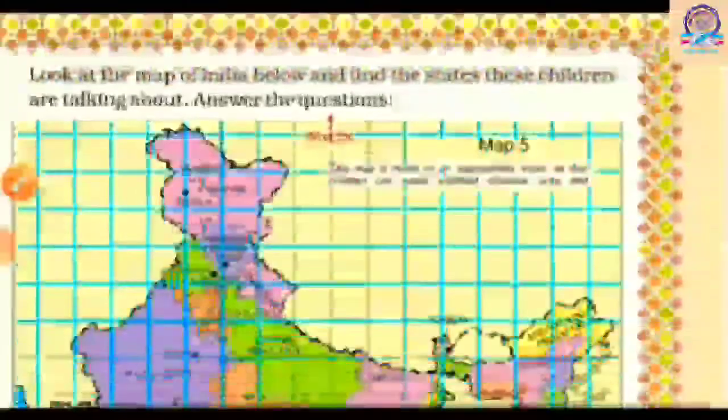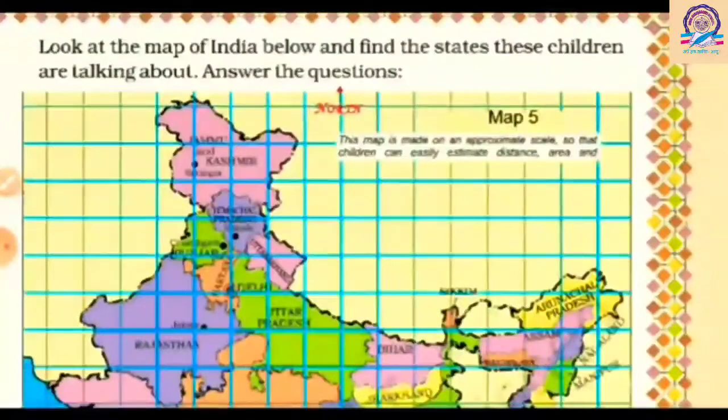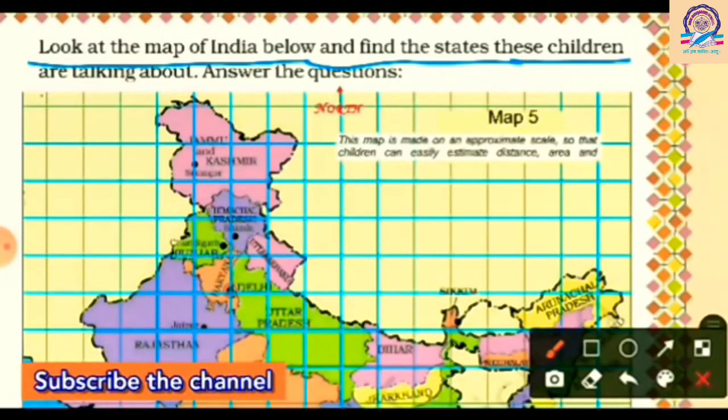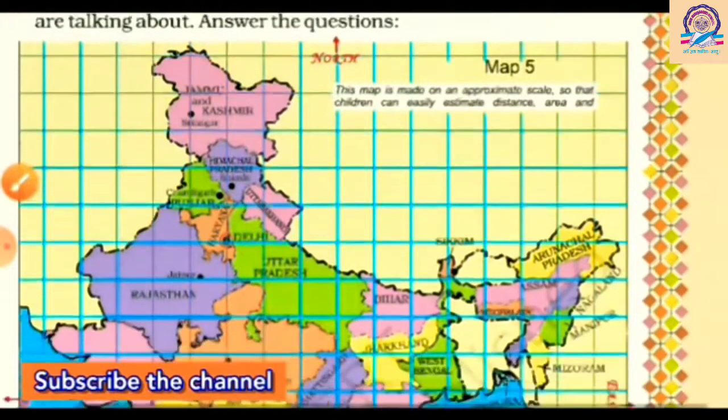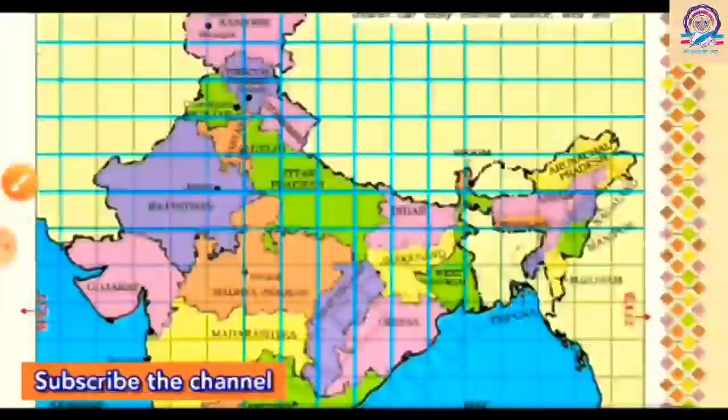The next topic is Map 5, that is the map of India. Look at the map of India below and find the states these children are talking about and answer the given questions. Here in Map 5 they have given us a map of India with different states, and based on that we have to find some answers.